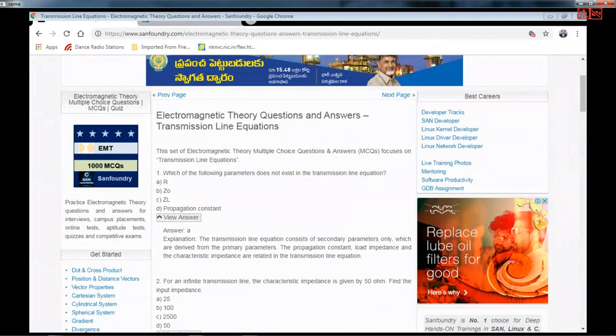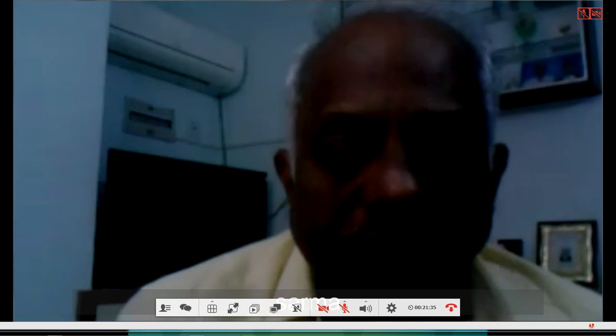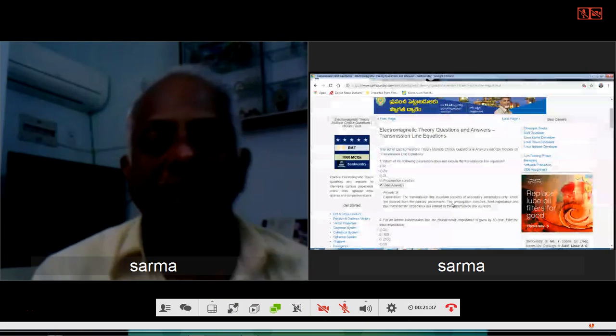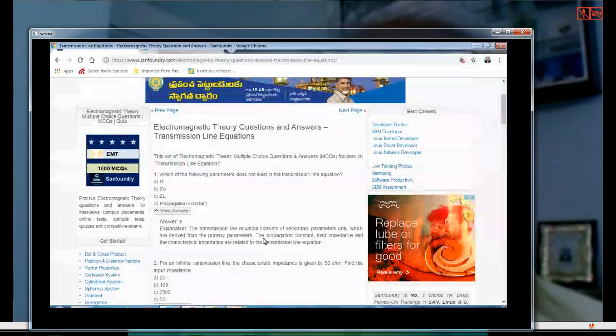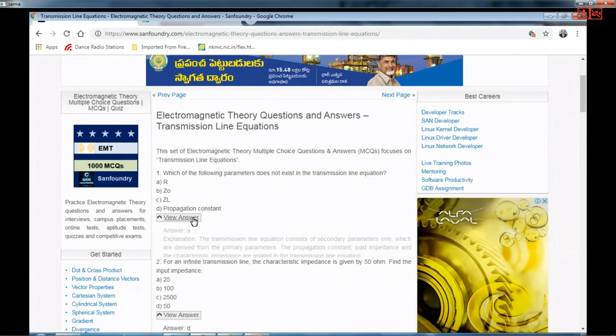So let's go back to the point where we have been discussing on these transmission line equations. Which of the following parameters does not exist in the transmission line equation? R, Z0, ZL, and propagation constant. These are the options we have, and the answer is A. Why is it so?